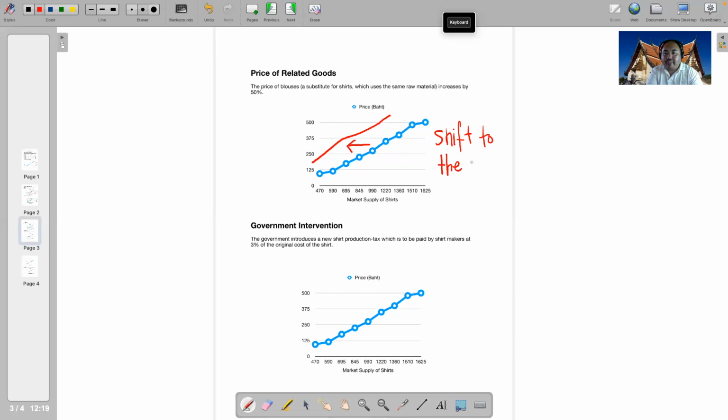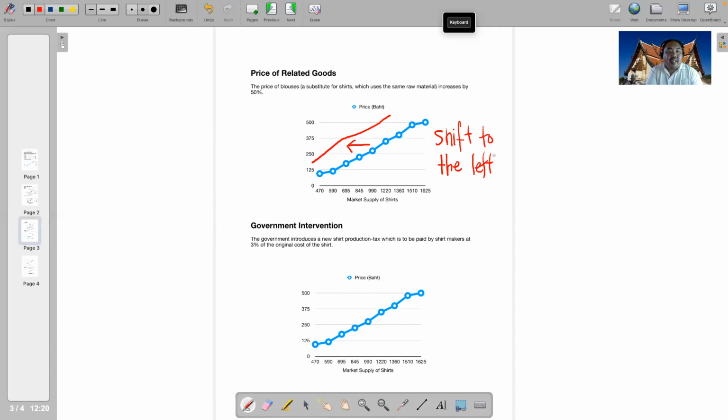Supposing the opposite happens, sir. What if blouses became cheaper? Maybe it became out of trend. So what will happen? Well, now our suppliers will think that it is more advantageous to keep on making shirts instead of blouses. And in that case, the supply curve will shift to the right.